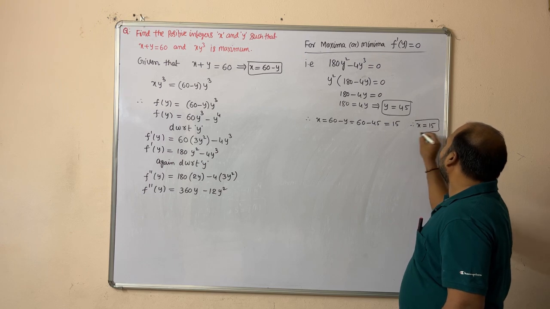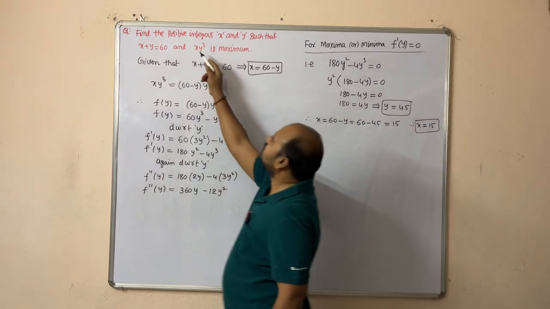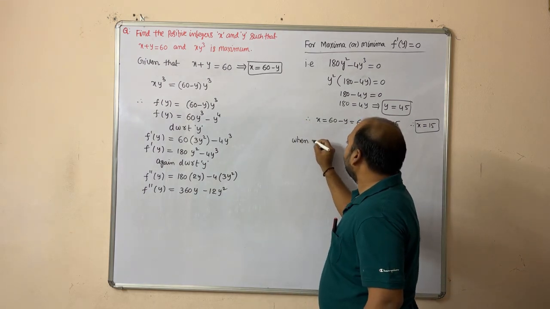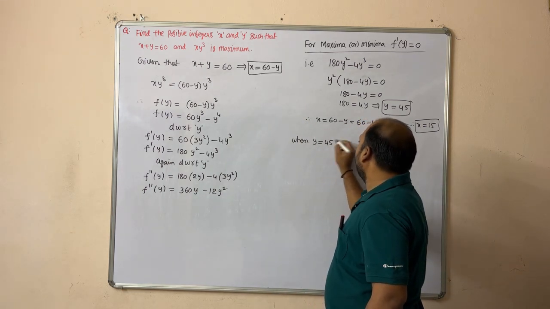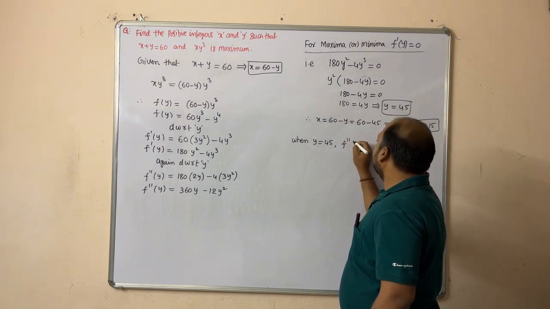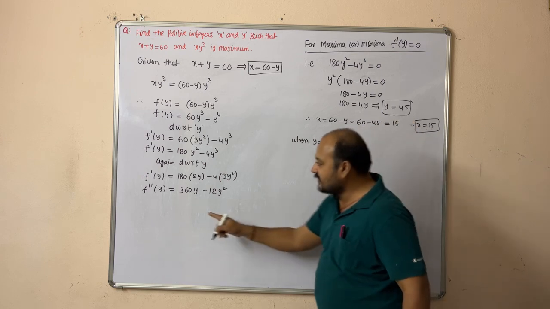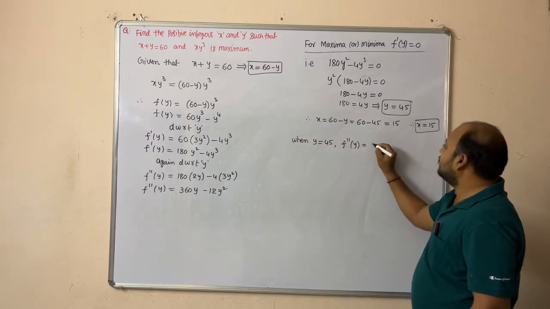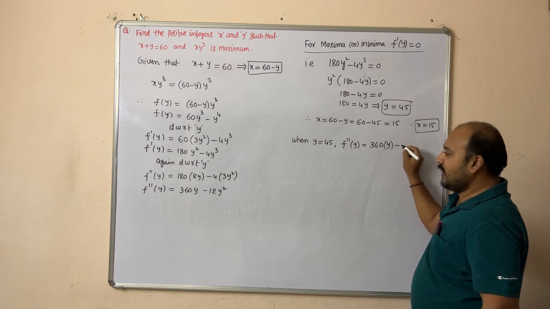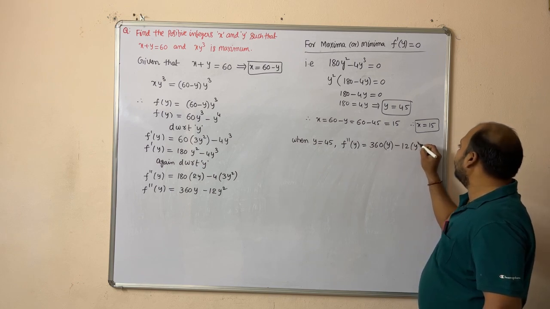We got the numbers, but we are going to prove xy cube is maximum. So when y is equal to 45, f double dash of y equals 360 into y minus 12 into y square.